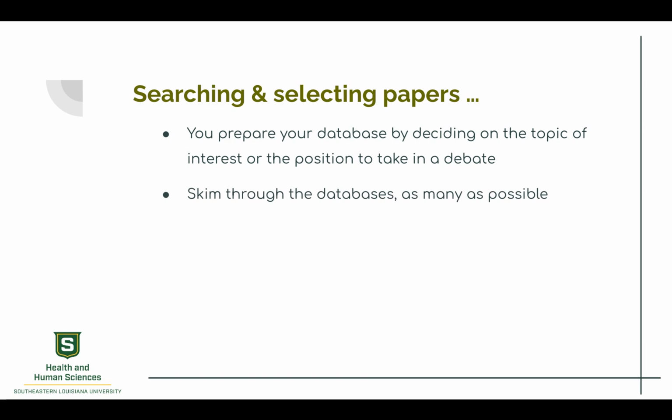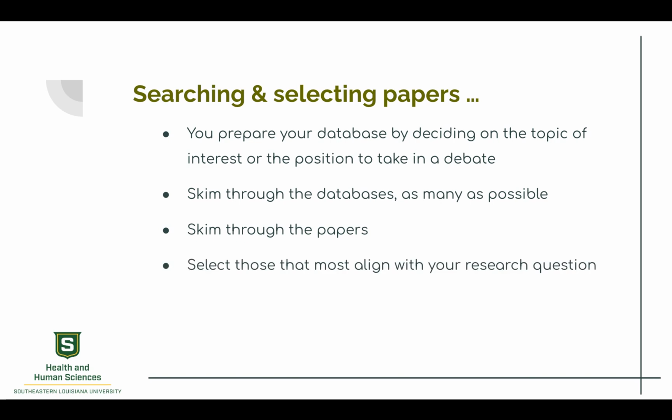And then you have to skim through the database. Do try to skim through as many databases as possible, but of course that depends on how much time you have to do the work that you need to do. And then after you skim through the database and you have your preliminary list of papers, you have to scan through the papers.